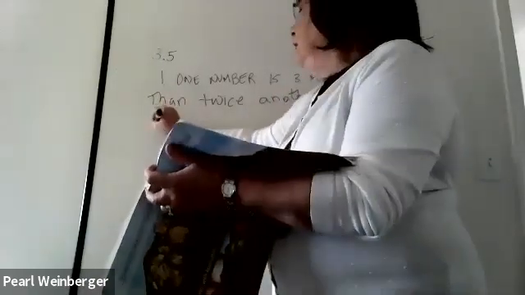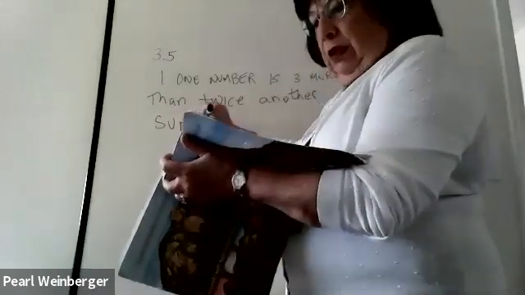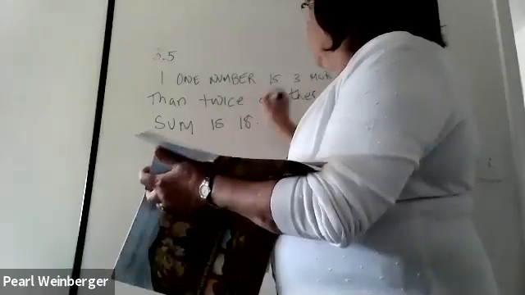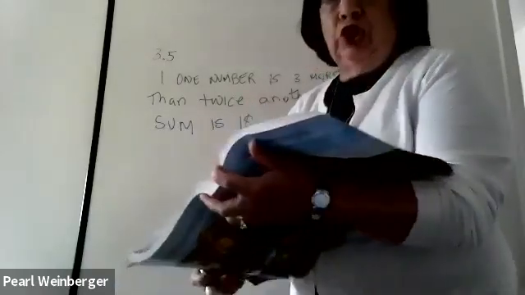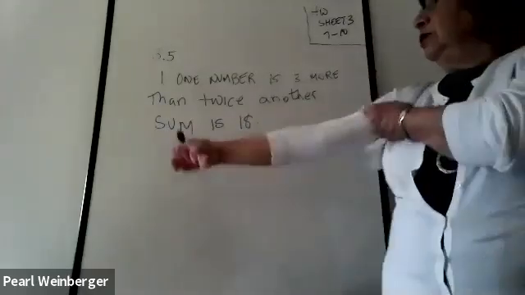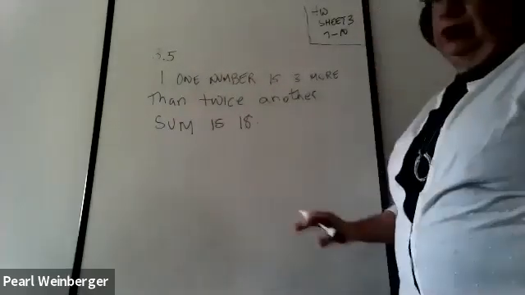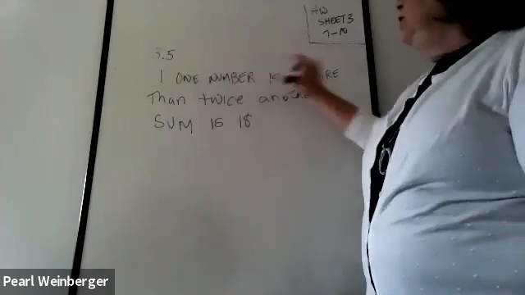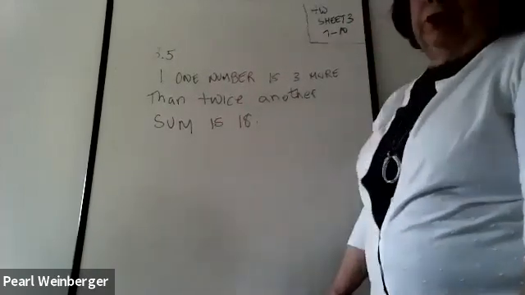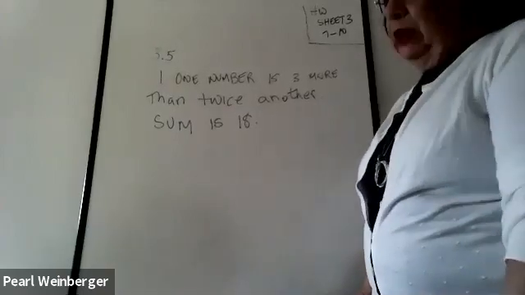The sum of the two numbers is 18. Okay, they want me to find the two numbers. Find the two numbers. Okay, so we have 2 facts that we know about this. One number is 3 more than twice the other, and the sum of the two numbers is 18.